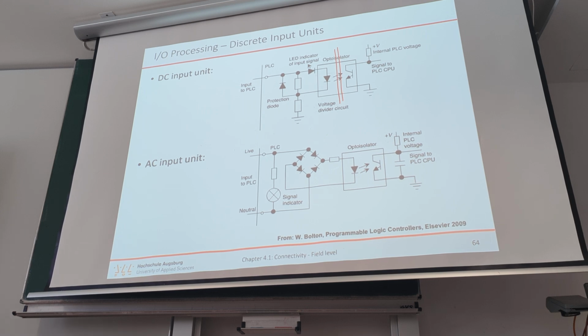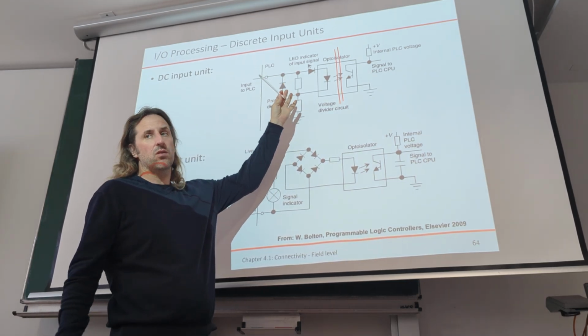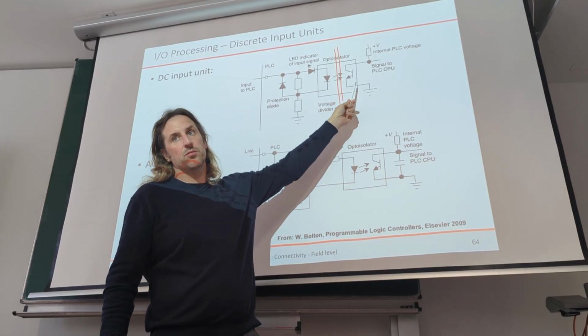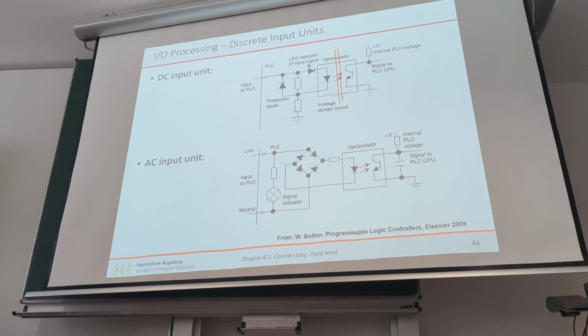And that's why you can have different types of ground levels. So this side and this side are completely electrically isolated because you have an optical barrier in between.